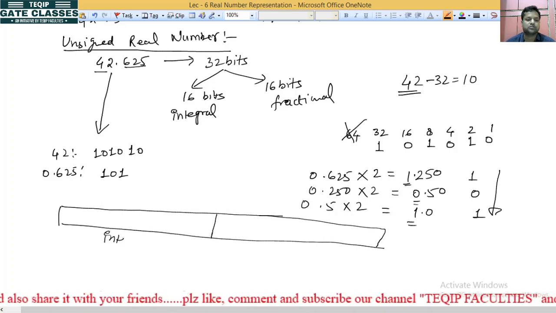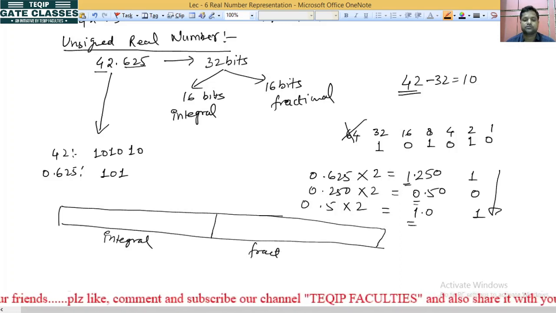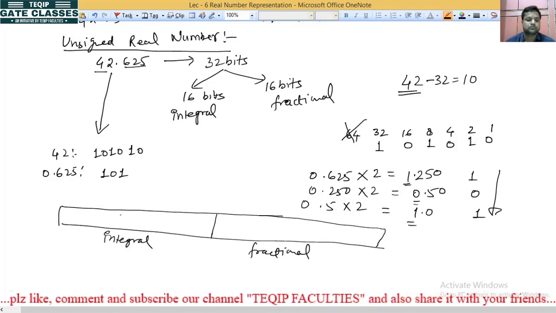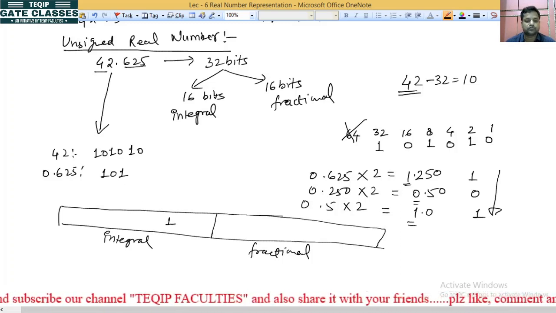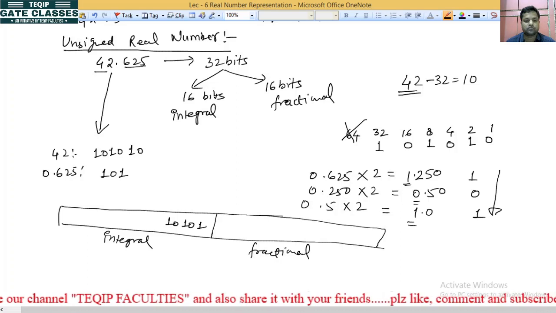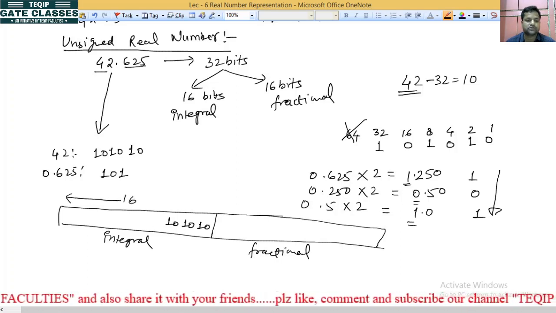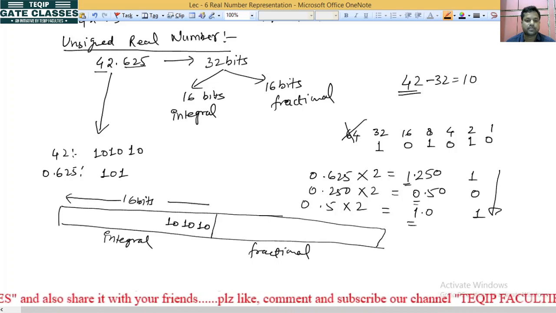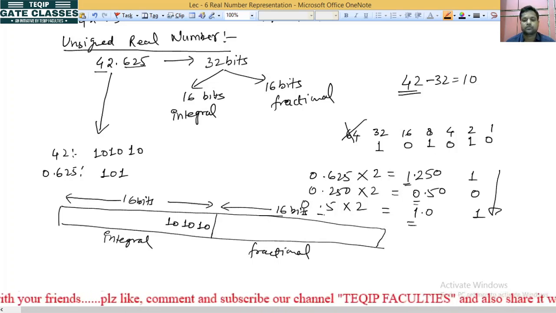So this is used for integral part, this is used for fractional part. So for integral part we have 101010, but the length of this field will be 16 bits. For this also 16 bits.